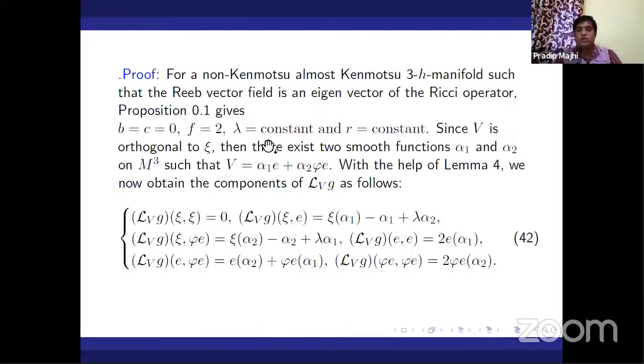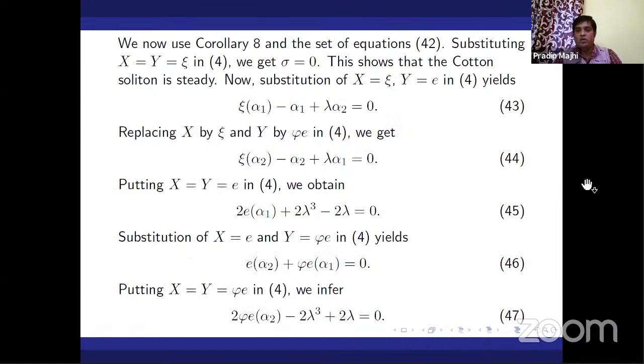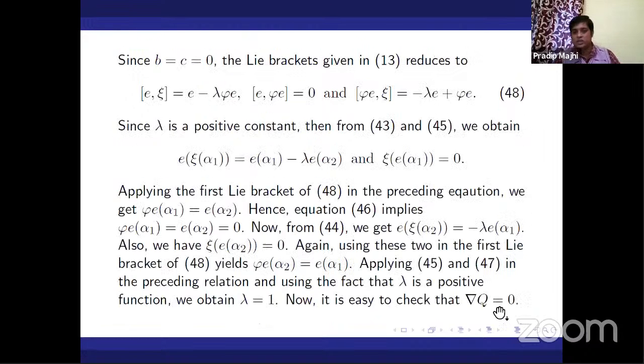Now if we use the rest of the equations of 42, we have this equation, and after some calculation, we are omitting this calculation here because this is a very long technical calculation, we ultimately get lambda equals 1. If we use lambda equals 1, we get nabla q equals 0. Nabla q equals 0 means the Ricci tensor is parallel.